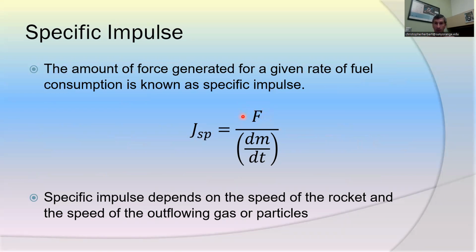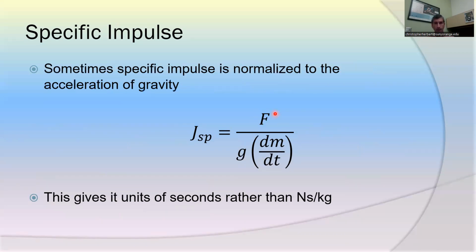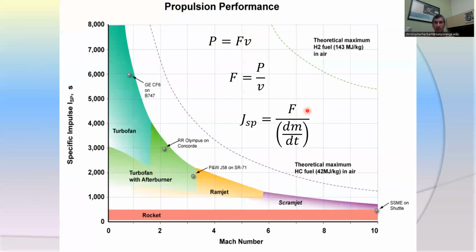It's asking, well, how much force do I get by burning so many kilograms of fuel every second? That's our specific impulse. And what we notice here is that the faster we go, the more the specific impulse drops off, okay? In fact, sometimes we'll actually normalize the specific impulse to gravity. So instead of having newtons per kilograms per seconds or newton seconds per kilogram, by putting meters per second squared, we change this to seconds for a specific impulse when it's normalized to the acceleration of gravity.